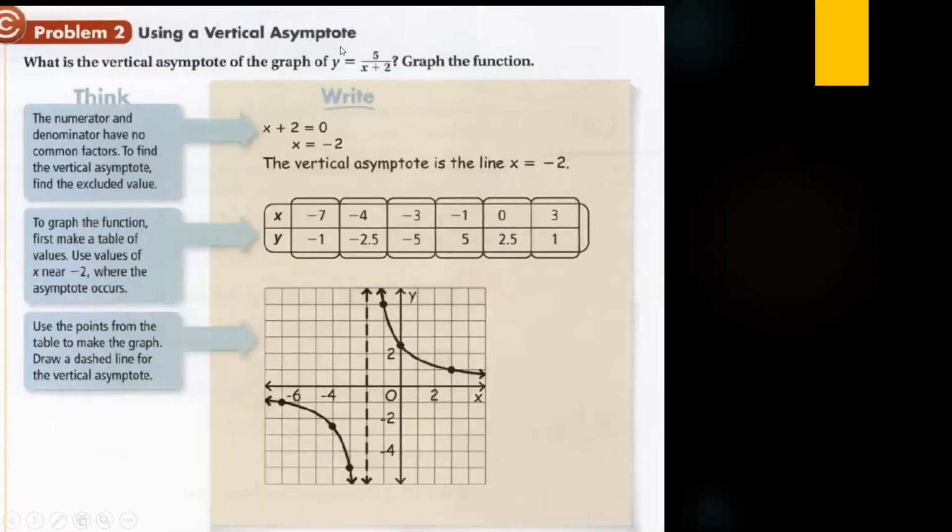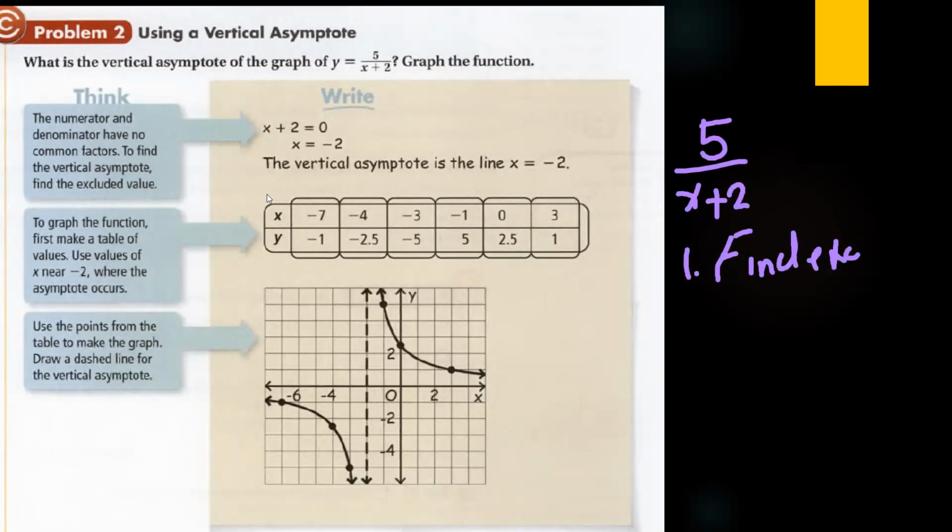Now let's see in this example why we need the excluded value and why we need the asymptotes. The first step: look at my function. It was 5 over x plus 2. So the first step is to find the excluded value. To find the excluded value, I look at the denominator.